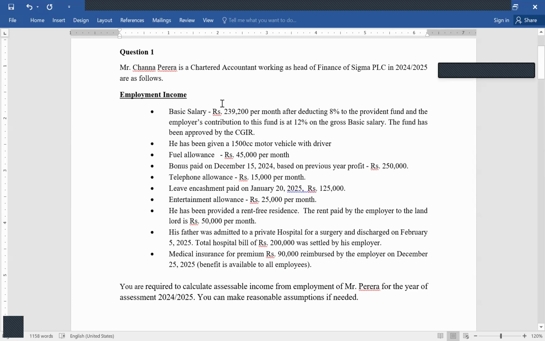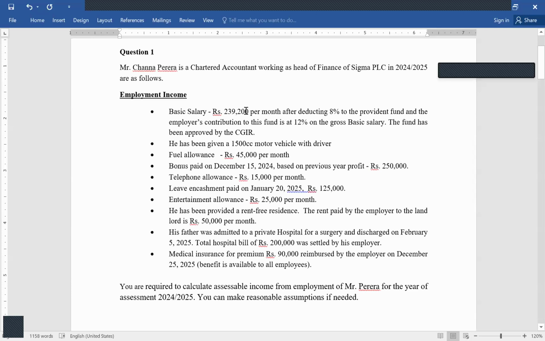Why? This is the net amount, after deducting 8%. Suppose our salary is 100, but they deducted 8%. That means we received only 92. So this amount is equal to that 92. That is why we are dividing that amount by 92.